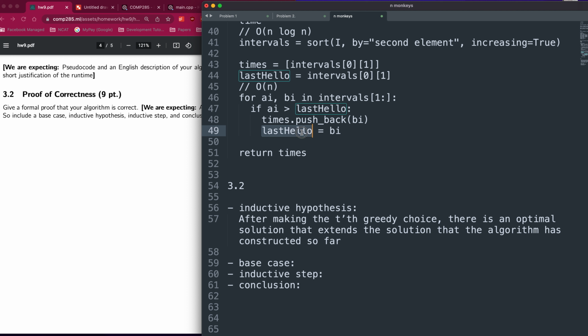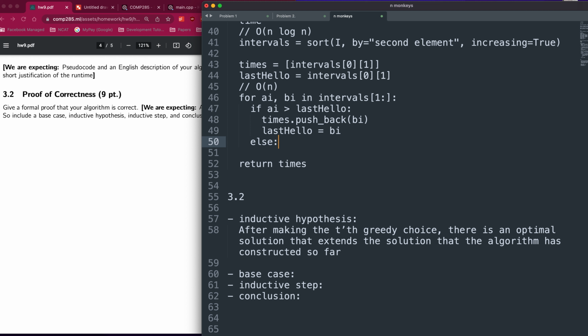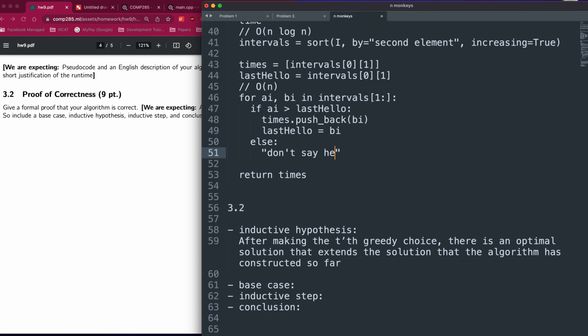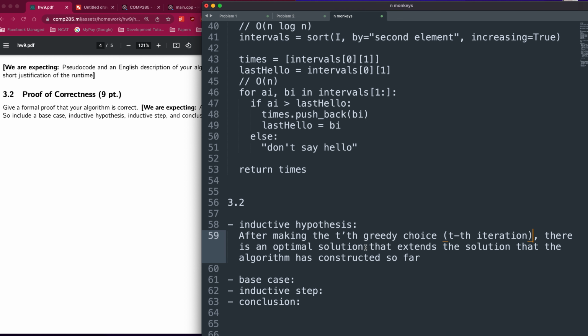What you'll notice is that for every item we iterate over, sometimes we decide to say hello, and then there's also the else statement, which is don't say hello, right? So each of these is a decision. Either you decide to say hello or you decide not to say hello. So what we're saying is that after making the t-th greedy choice, which is basically once we're in the t-th iteration, there's an optimal solution that extends the solution that the algorithm has constructed so far.